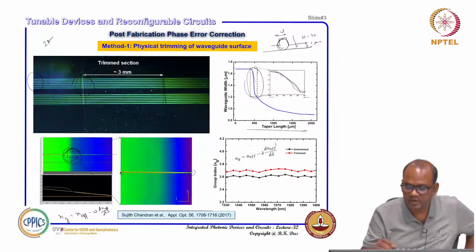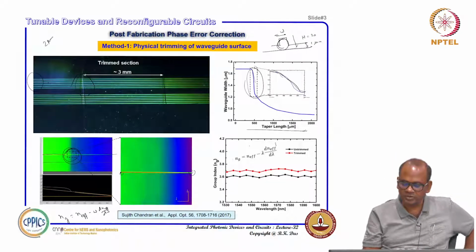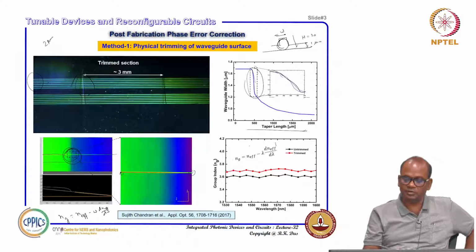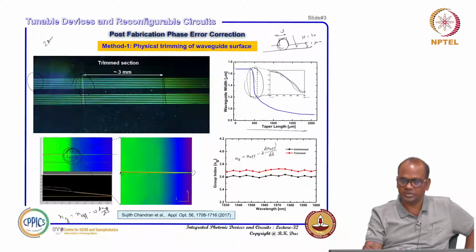So this group index we have just extracted, for when it is not trimmed. A group index change means either your slope is changing or N effective is changing.